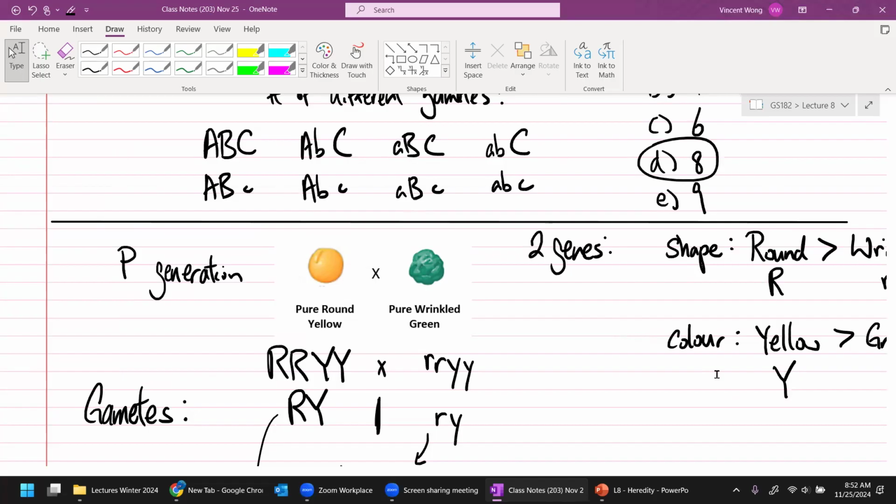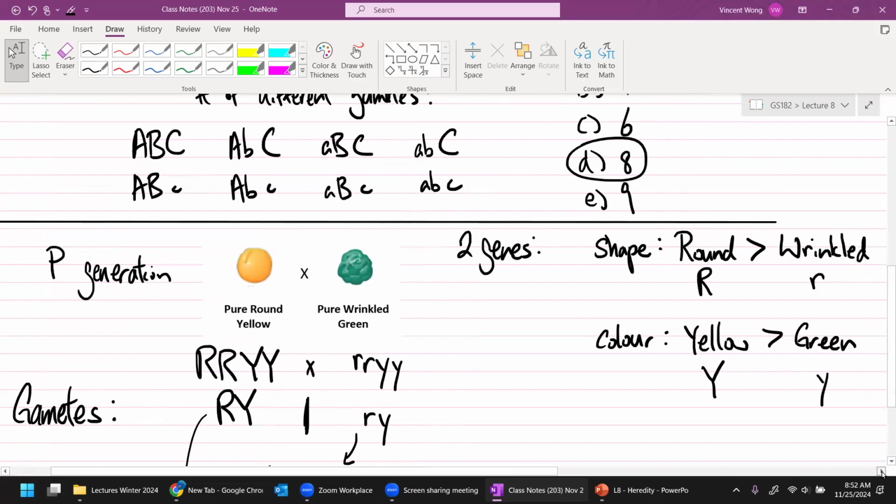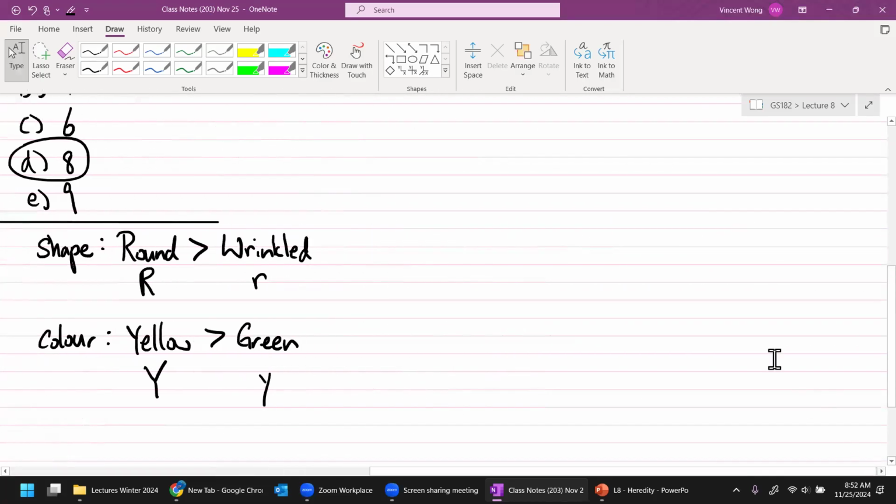Because round is dominant over wrinkle, again 100% of the F1 will be round. I'm not sure if you understand that. It's very important that you do. So let's do a side note here.